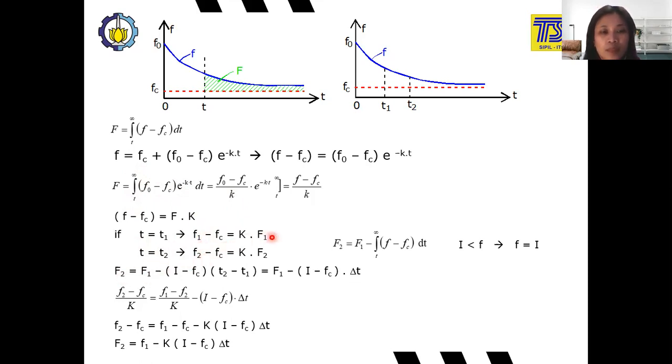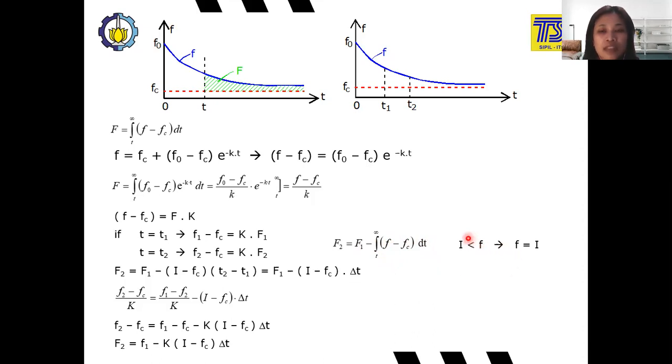Then we get this equation, f minus fc becoming f1 minus fc and f2 minus fc. The same goes for capital F1 and capital F2. After that, we get F2 equal to F1 minus the integral of f minus fc dt.